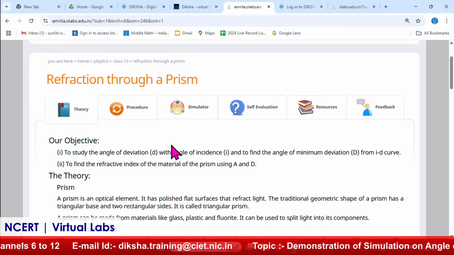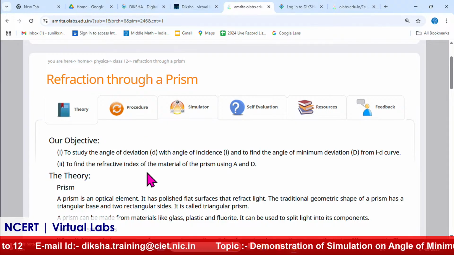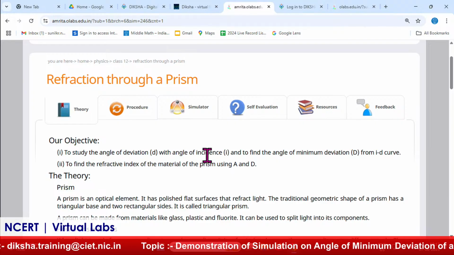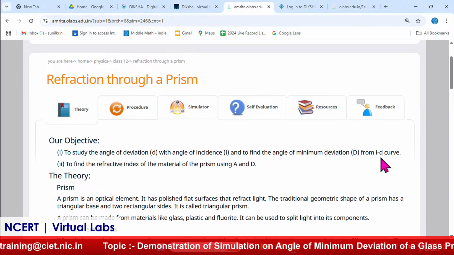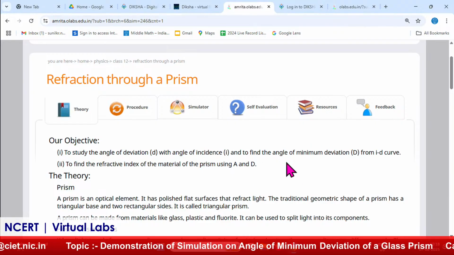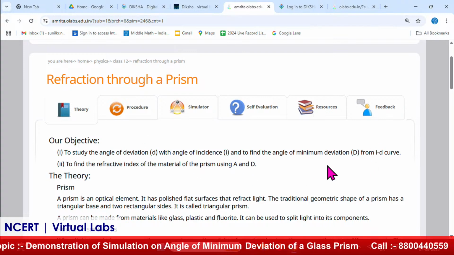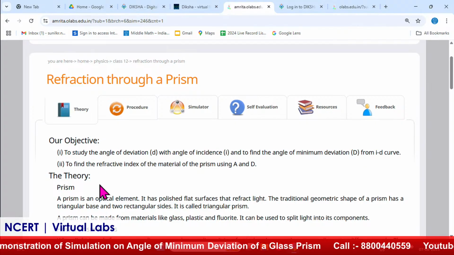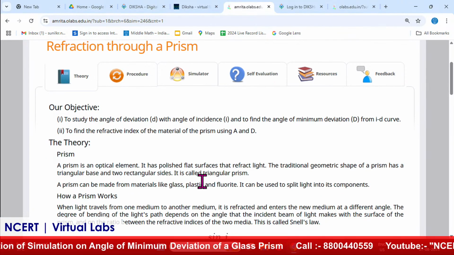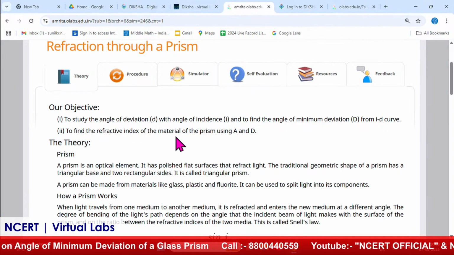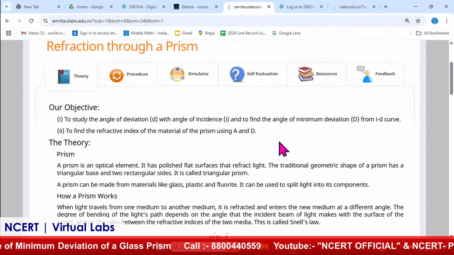Here we study the angle of deviation with the angle of incidence. From this observation we have calculated this, and from the graph we have calculated the angle of minimum deviation, and then using the theory part we can easily calculate the refractive index of a material medium through a prism, using A and D.